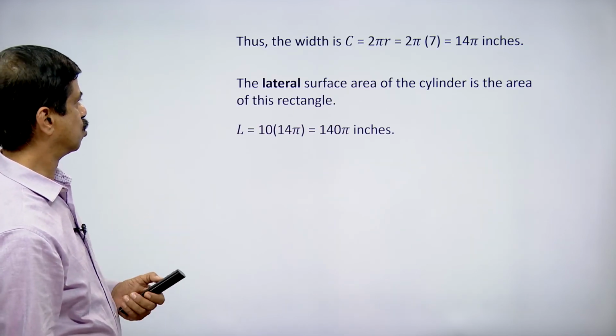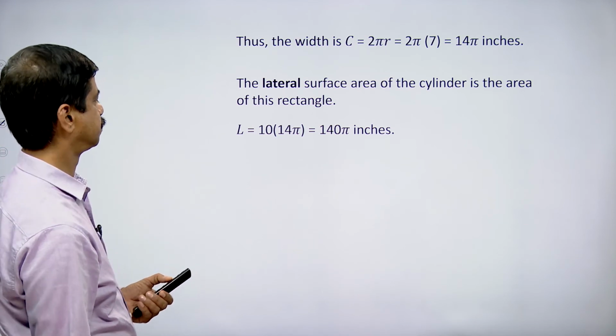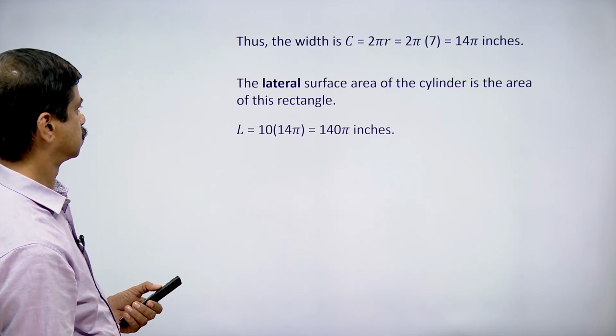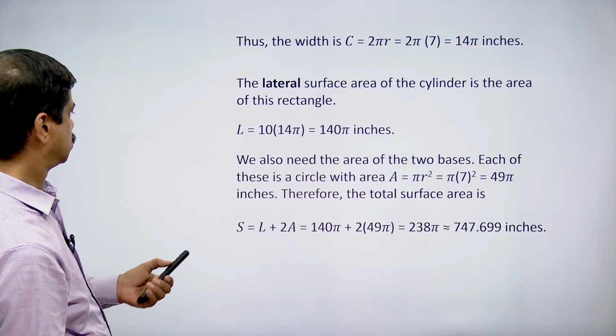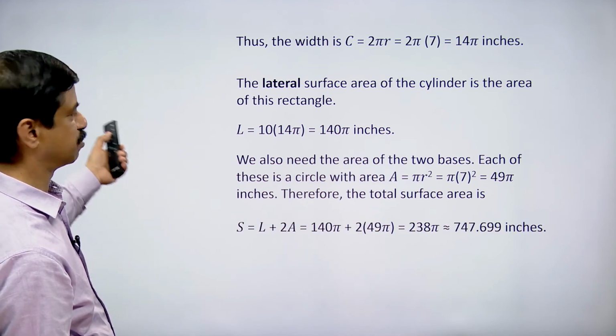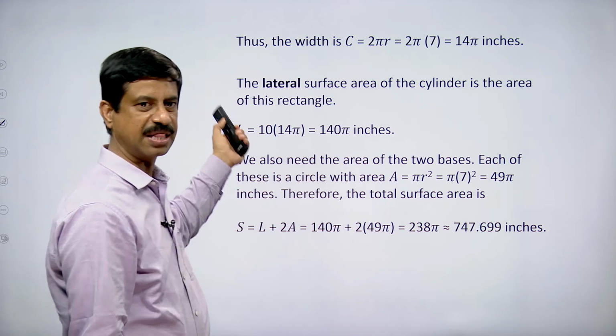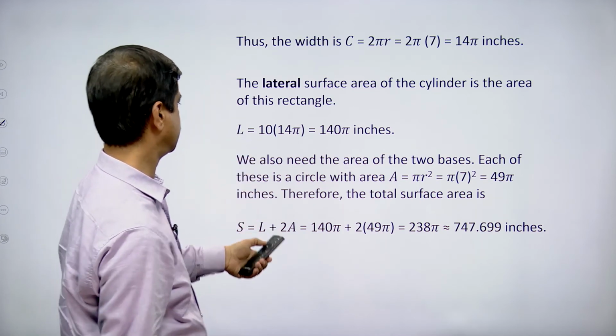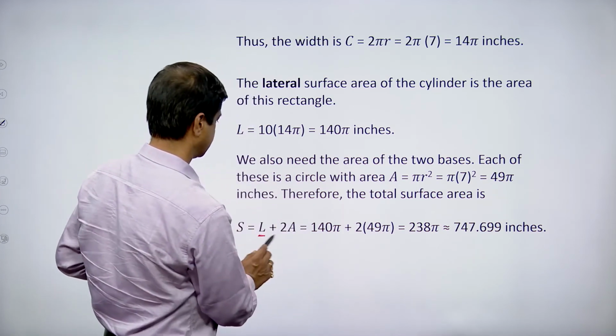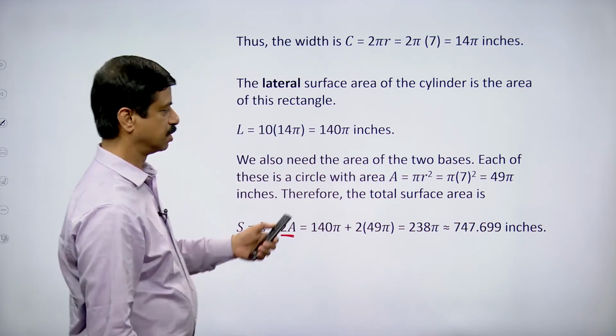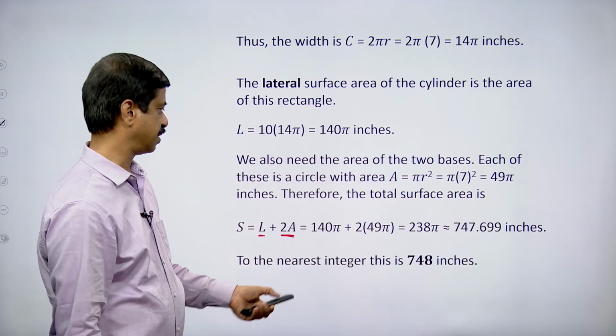So, please note this fast, quickly. Instead of all these, children, we can also do what we have done there. That is also the same, you see, LSA plus 2 times area of base. So, anyway, you copy it fast, quick.